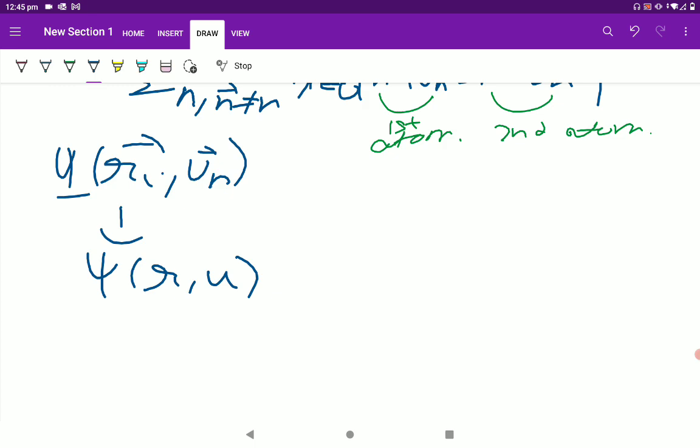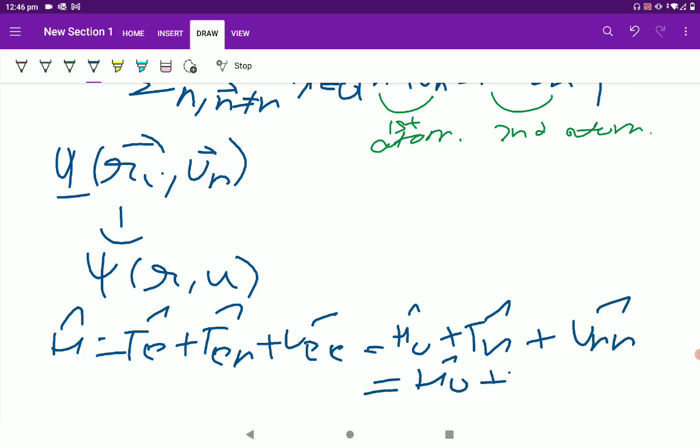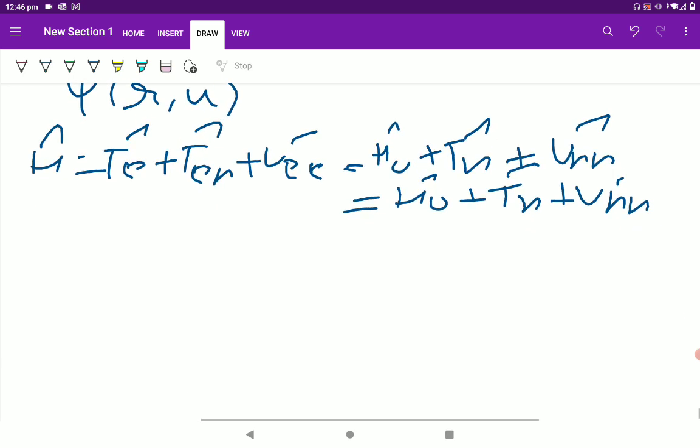Now we will do the same as we did for the hydrogen molecule. First, we will solve the electronic problem with a frozen crystal, and we will write this thing. So just notice the electronic part of the Hamiltonian.